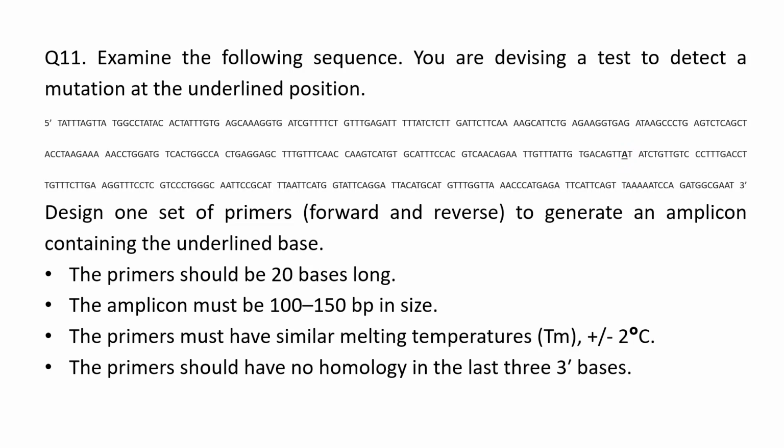The primer should take care of this underlined base. The primer should be 20 bases long. The amplicon must be 100 to 150 base pair in size. The primers must have similar melting temperatures, so you have to find out how to calculate the melting temperature, plus minus 2 degrees acceptable. And the primer should have no homology in the last three prime bases, so that complementariness should not be there.